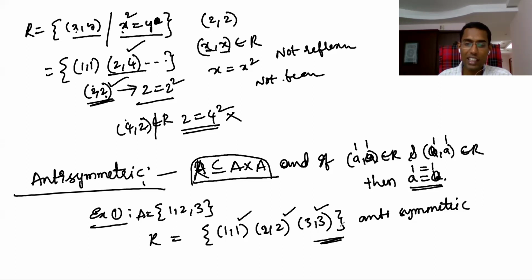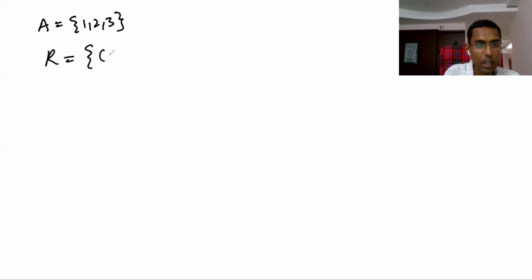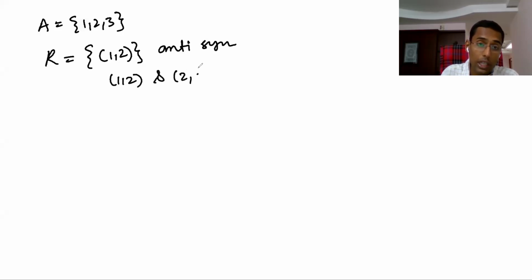For example, in this set, if I include one more element, 2 comma 3 I included. Again I'm taking A equal to {1, 2, 3}, R equal to, let's say I wrote 1 comma 2. Then automatically it is antisymmetric. Why antisymmetric? If 1 comma 2 is there and 2 comma 1 is there, then 1 should be equal to 2.